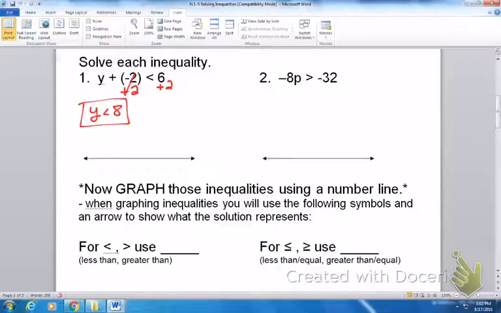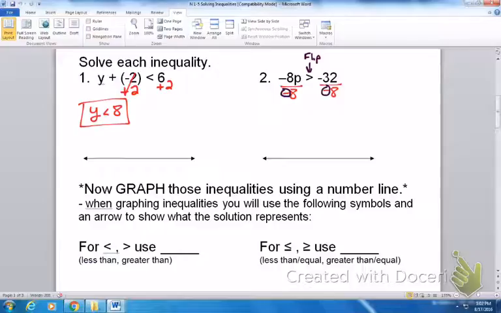The next one, pretty easy also. -8p is greater than, or is bigger than, -32. Well, this time I don't have addition or subtraction. It looks like I'm multiplying -8 times p. So to undo that, I've got to divide by what's in front of p. But remember, now we're multiplying or dividing, so we need to be careful because I see that we're dividing by a negative, which means we're going to have to flip this inequality, okay?